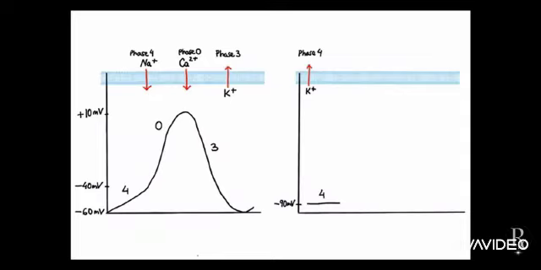During the depolarization at phase 0, L-type calcium channels begin to open slowly, allowing calcium to enter the cell.